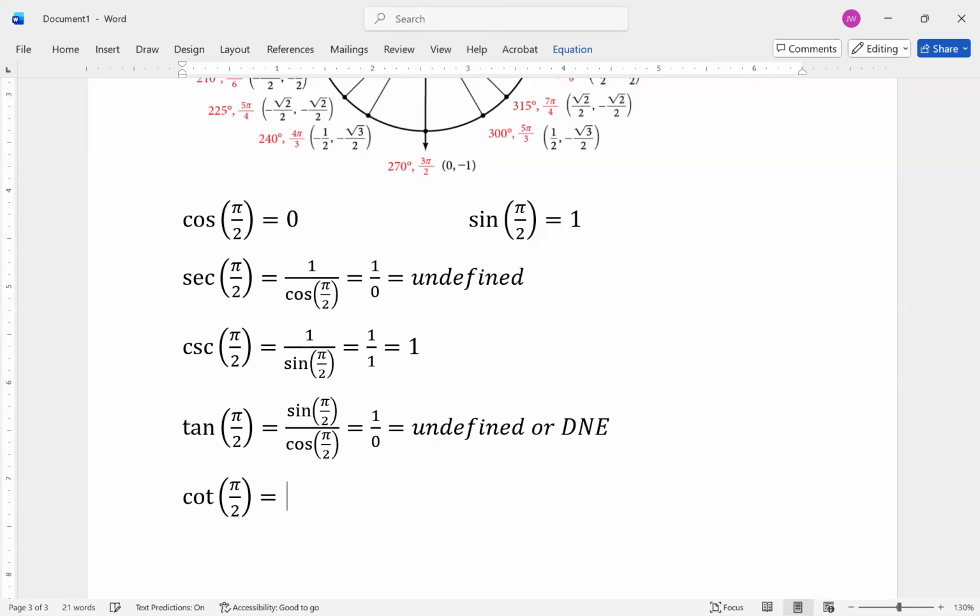That's fine as well. Undefined or does not exist, either one is acceptable for me. Cotangent, on the other hand, is going to be cosine over sine. That's 0 over 1, which is 0. So notice that when our cosine was 0, secant and tangent were undefined, but cosecant and cotangent were defined.